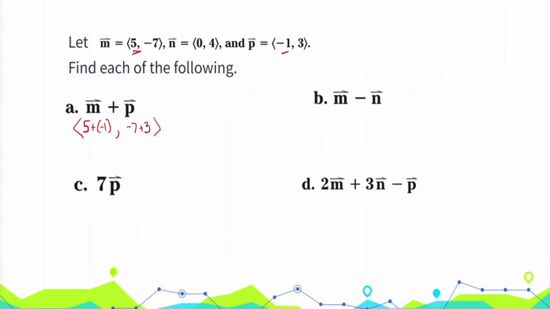Add the x coordinates, add the y coordinates. So that's going to be 4, -4. M minus N, 5 minus 0, -7 minus 4 is 5, -11.